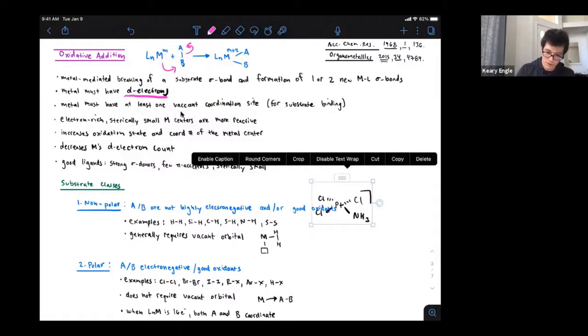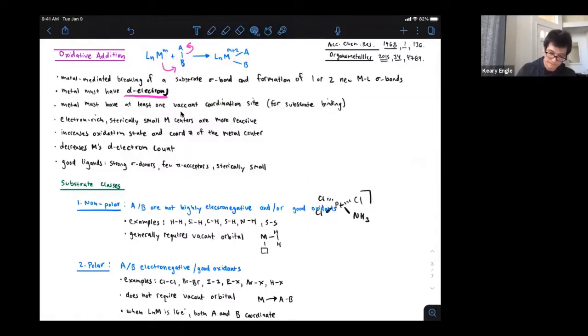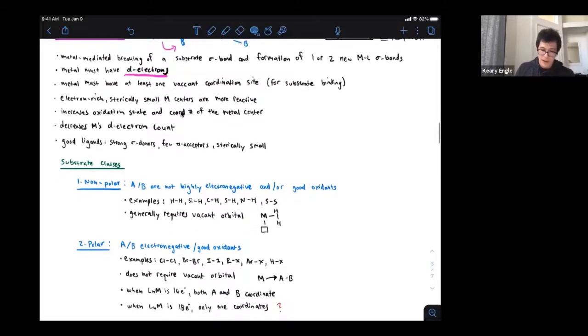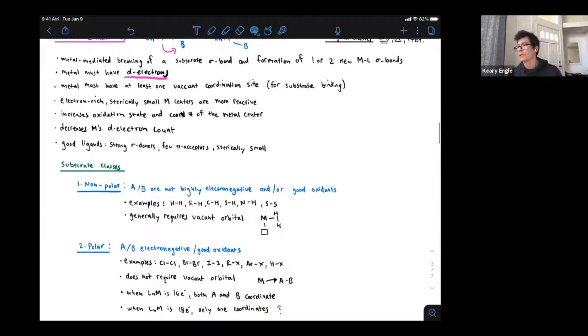And the metal has to have a vacant coordination site to engage the substrate. I think that is intuitive.